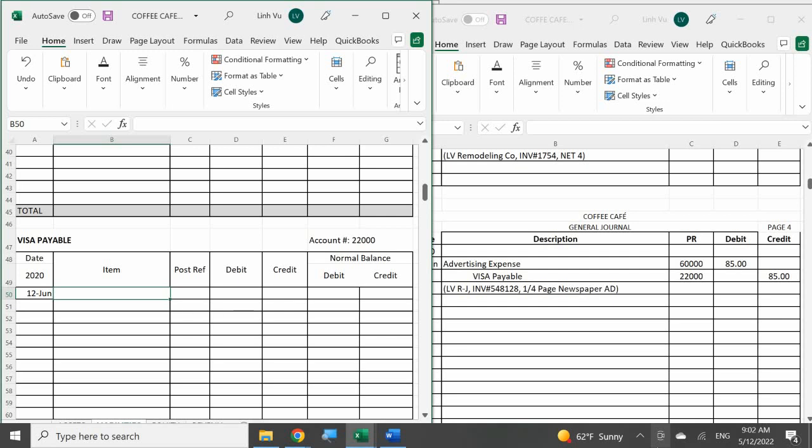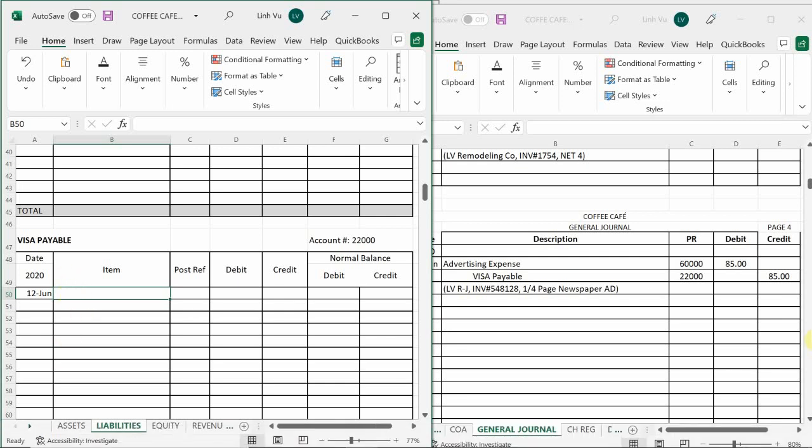So in this case, what I'm going to do here is, what did you buy? Okay, I could say I bought again a fourth of a page newspaper ad, right? And of course, on the credit card statement, it's going to tell me that I paid LV Register Journal. Okay, that's all it's going to say.